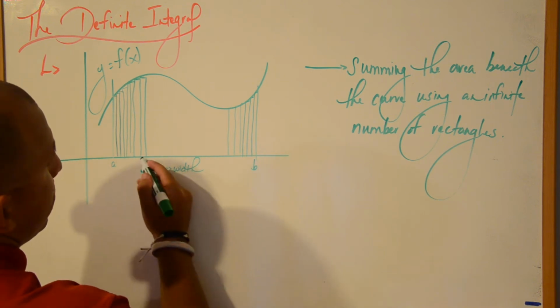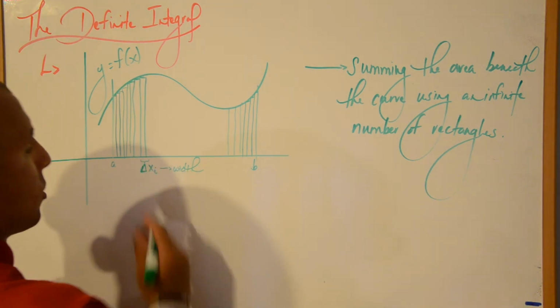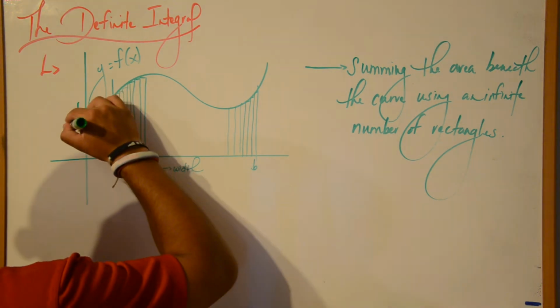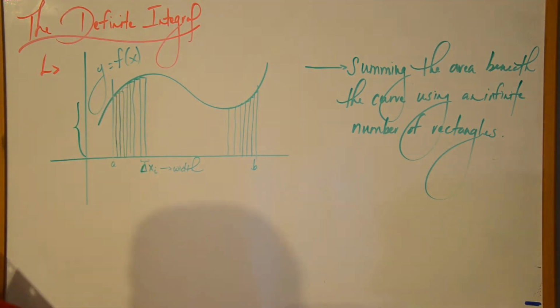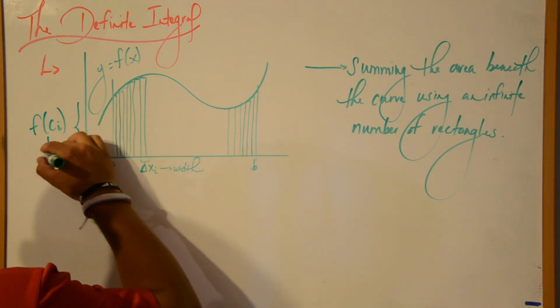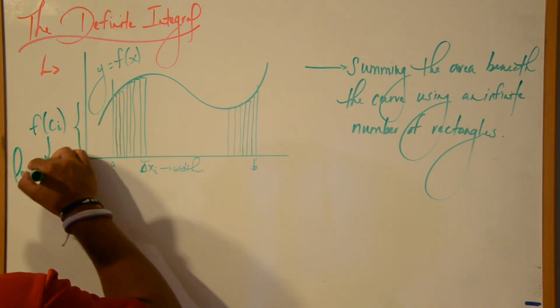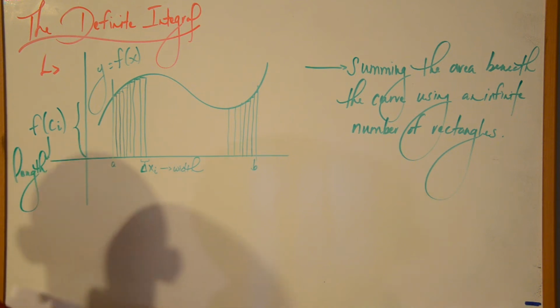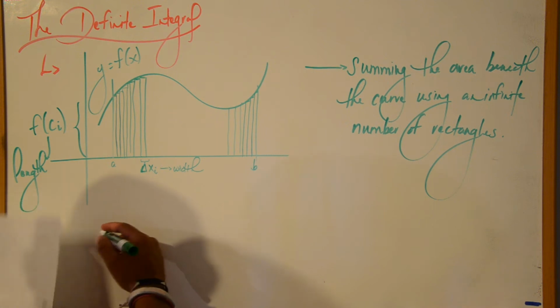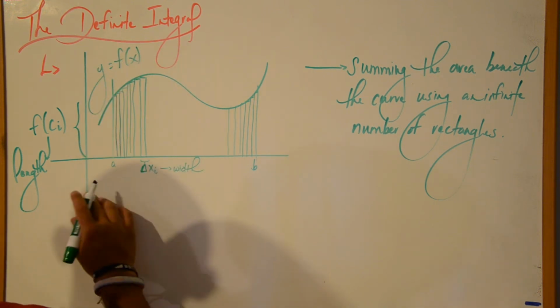So this could be 2.4, 2.3, right? So we got 1/10, okay? And then our outputs we'll just know as f of c sub i, but that is representing our length, okay?